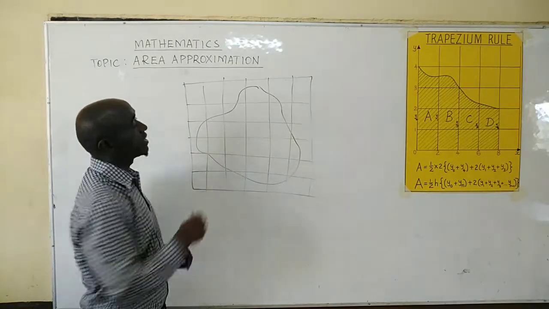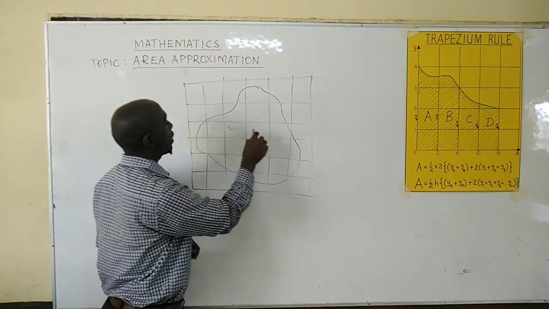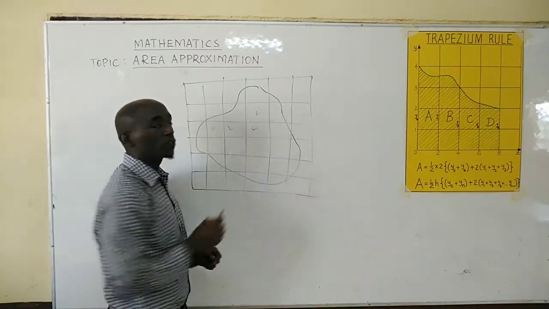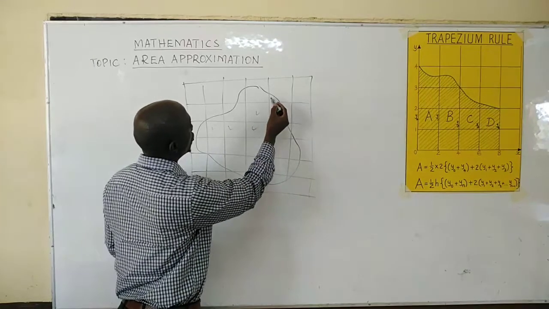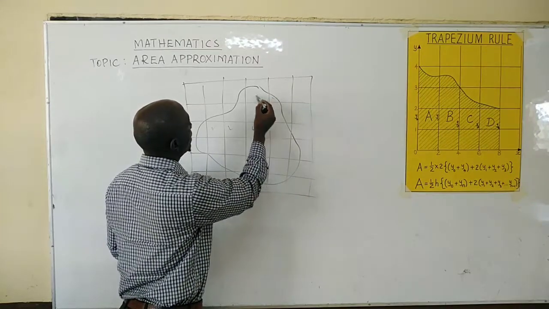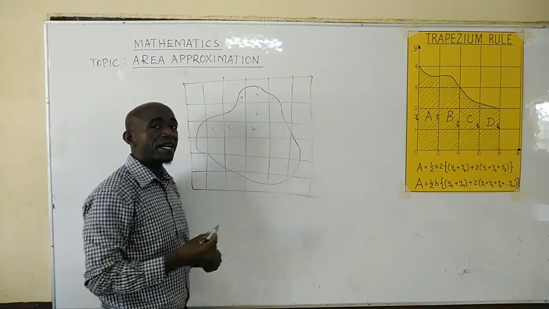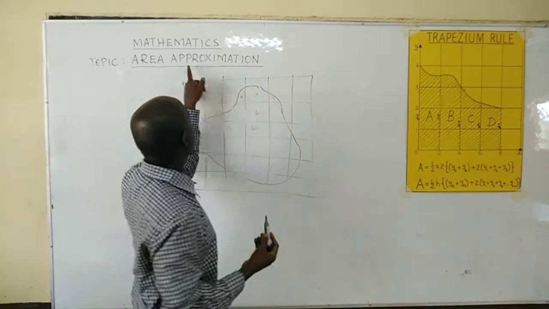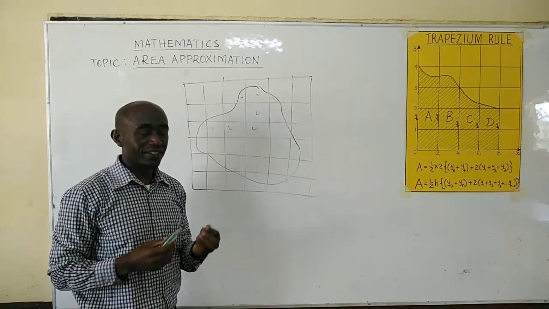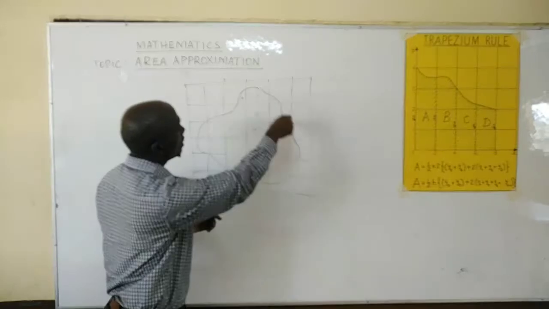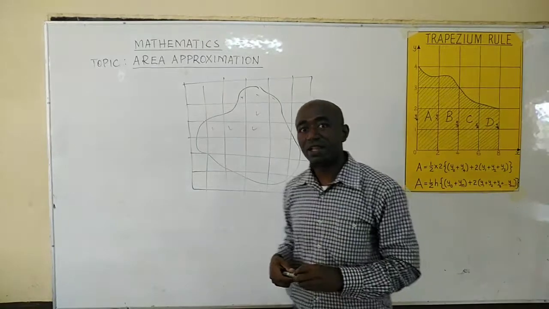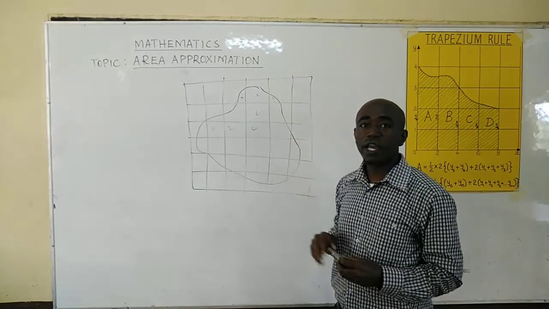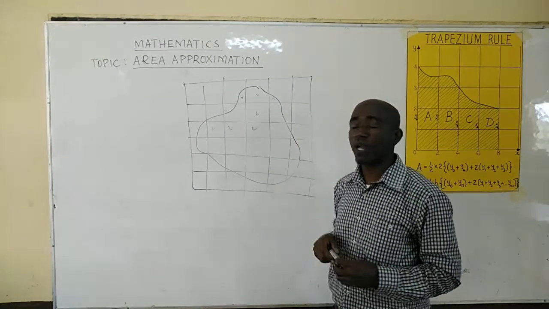So you can now estimate by counting the full squares, because each full square is 1 centimeter squared, and then the partial squares like this one, you count them as a half. You estimate. Remember, we are approximating, we are just estimating. So we assume each partial square is a half centimeter squared. So you count the full squares.